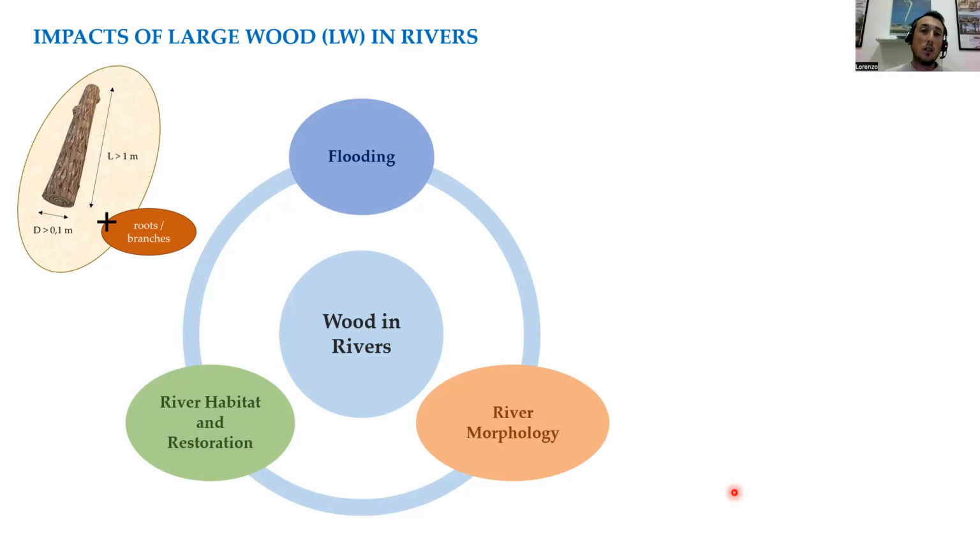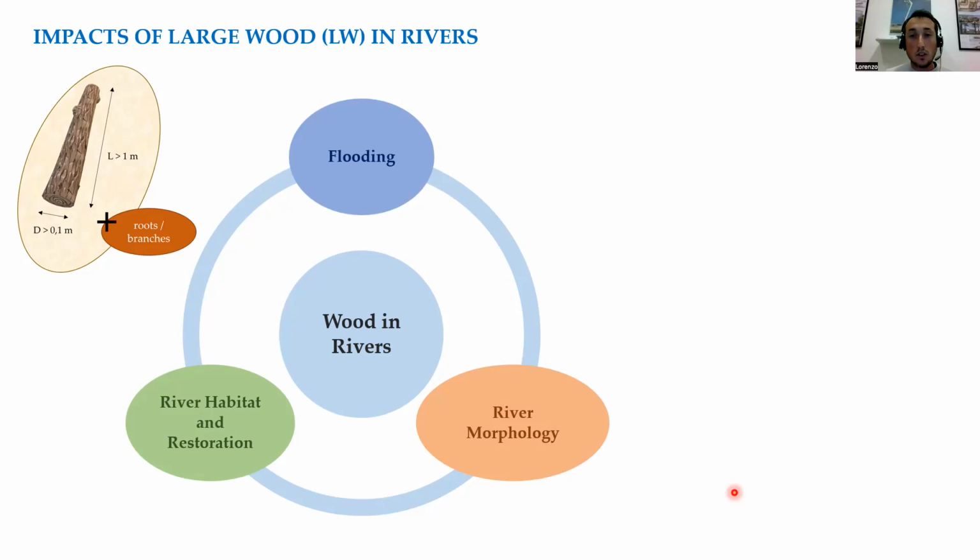But it's also important when considering the flood wave propagation, as the transport of these elements happens mainly during floods. A large amount of wood could be mobilized during huge floods, and this may create hazards for people and infrastructures.